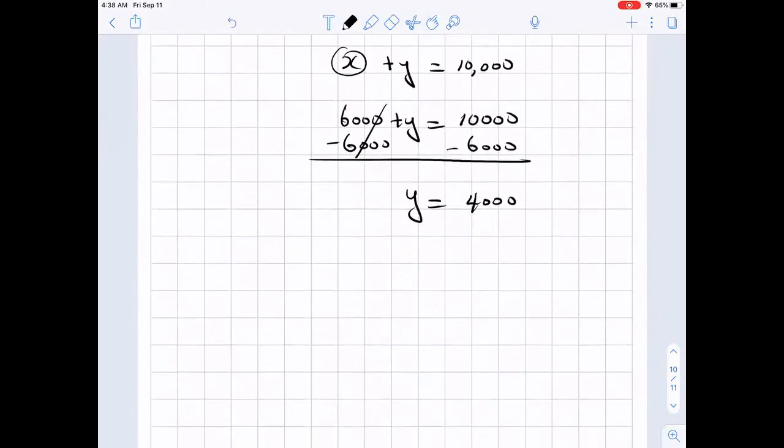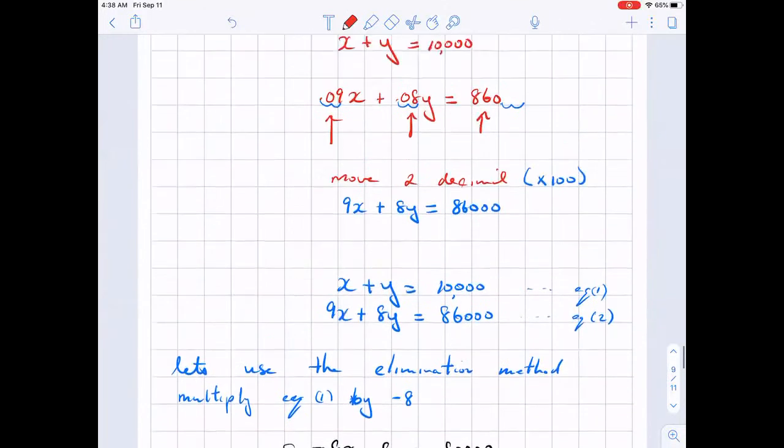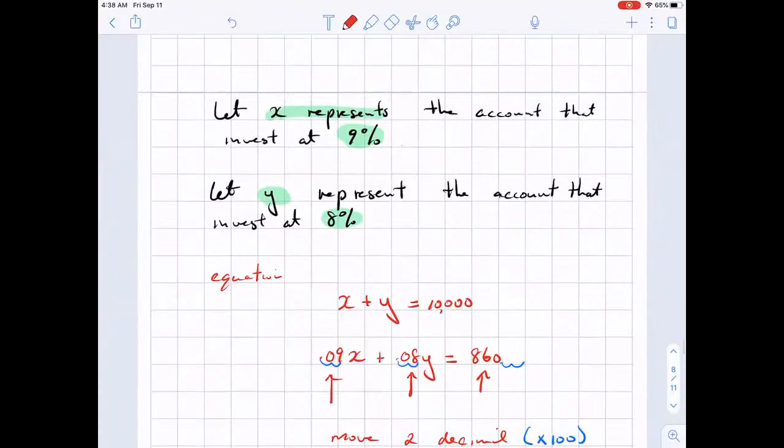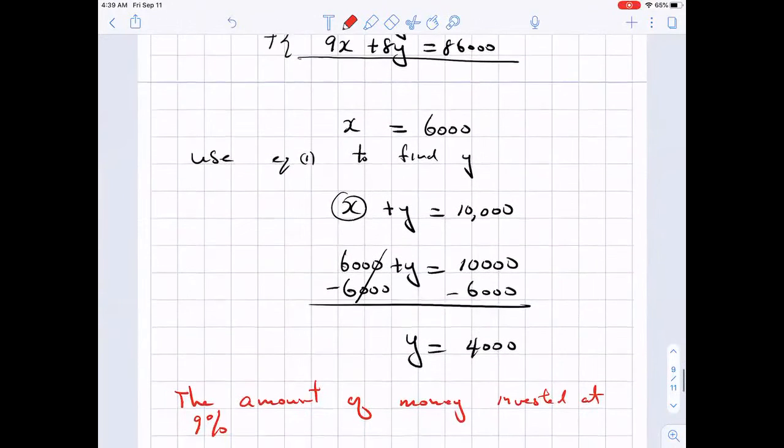So what we do know is the amount of money invested at 9%. Go back and look up here, X was at the 9%. So what value did you obtain for X?